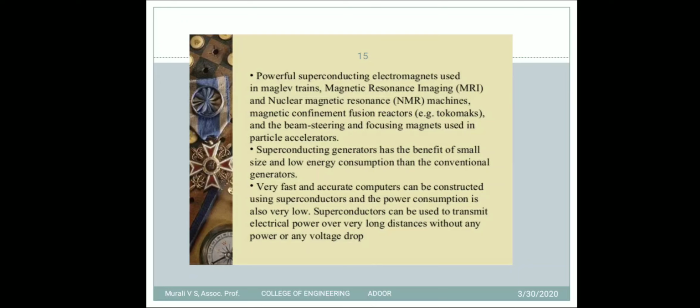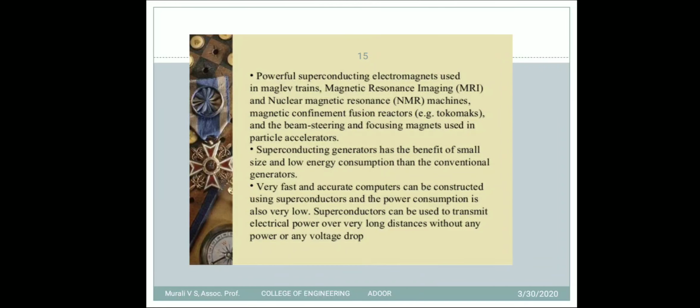Then superconducting generators have the benefit of small size and low energy consumption compared to conventional generators. So if we replace the conventional generators with superconducting magnets, we will be able to produce miniature size generators having large capacity. Then fast and accurate computers, that is switching devices, can be constructed using superconductors.